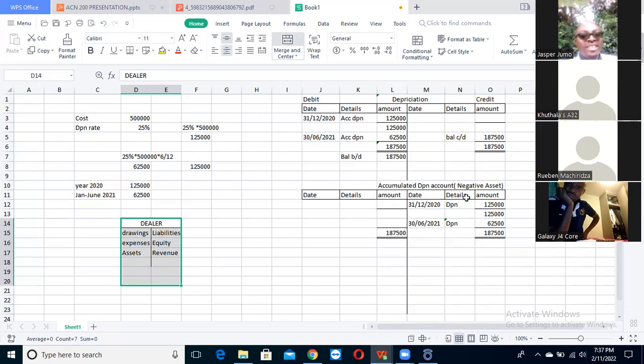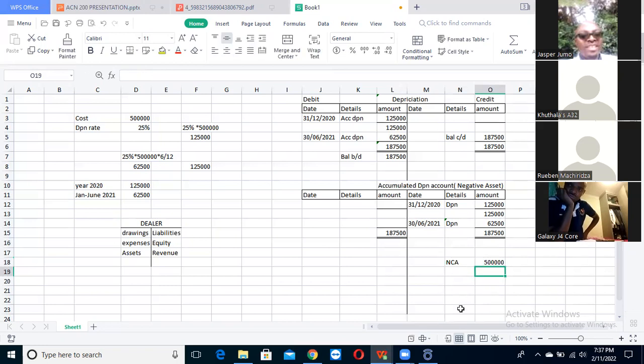So when we go to the statement of financial position, I assume you know the statement of financial position, and you'll find that it is written non-current assets, okay, let me just write NCA. It means non-current assets. Non-current assets, and we are given the cost of 500,000.